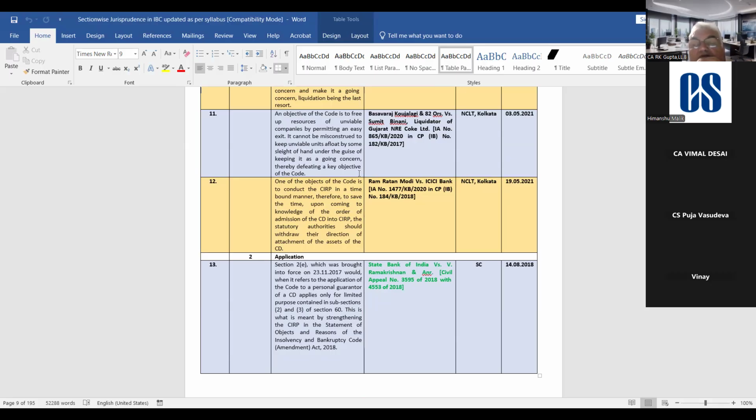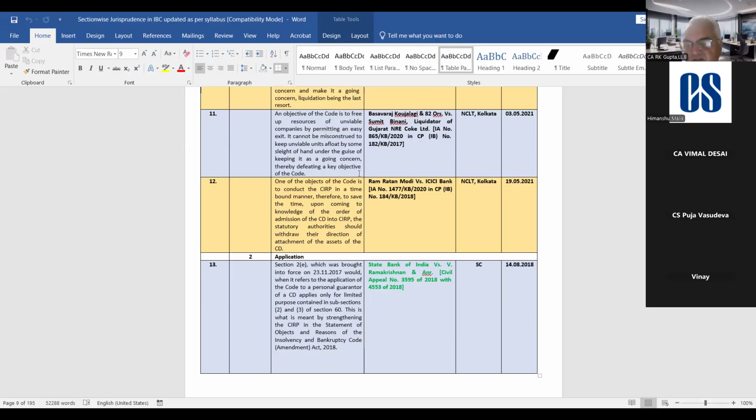So what did the Supreme Court say? The Supreme Court said that it provides strength to the CIRP process. By making the provisions of IBC applicable to personal guarantors to corporate debtors, they have provided strength to the CIRP process. Suppose the company does not have any assets, then where will the money come from?